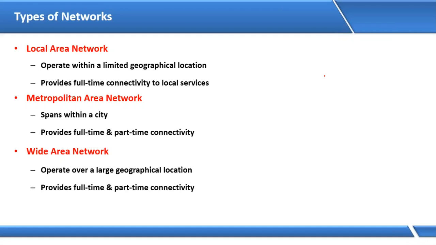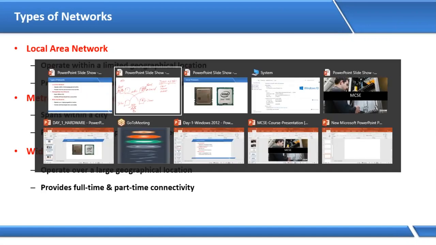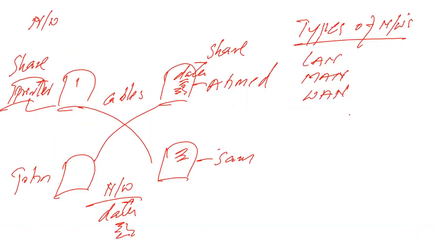There are three types of networks: LAN, MAN and WAN. As a system admin, you are going to manage the LAN, and in the interview they will ask whether you are going to work on this LAN.